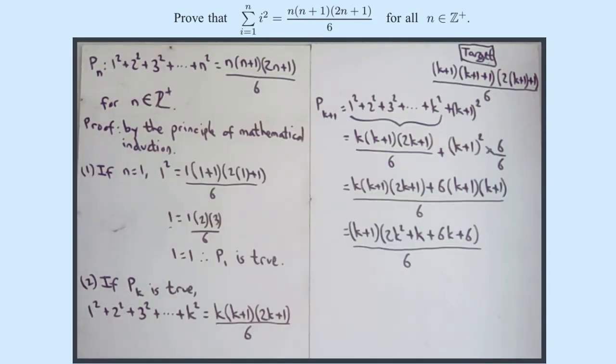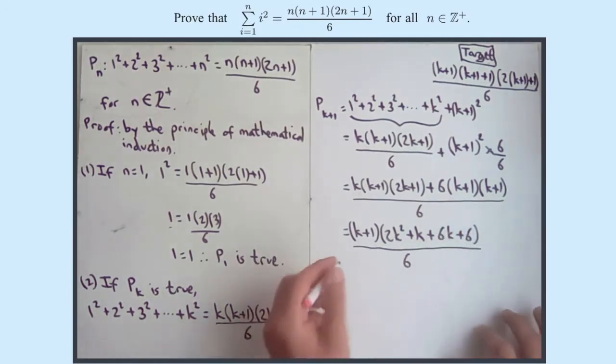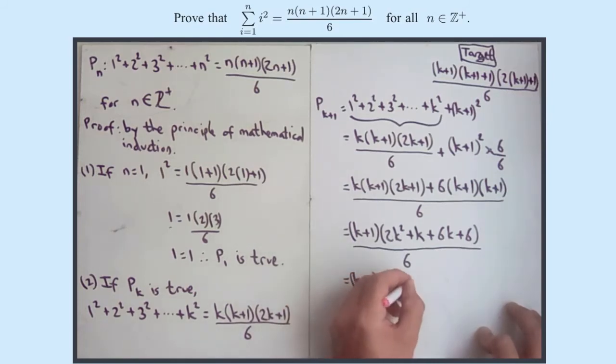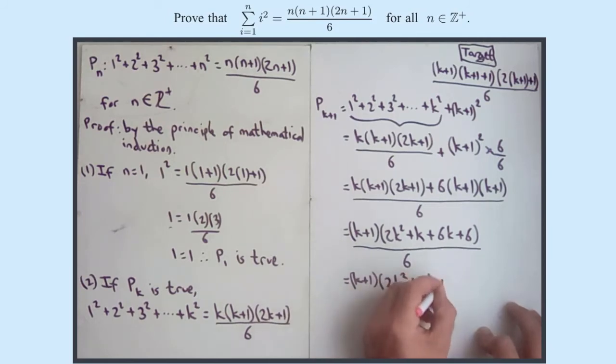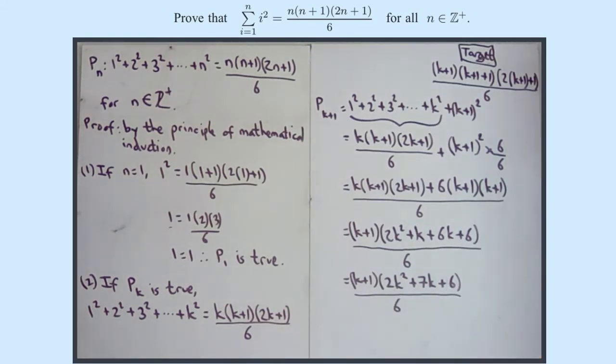Okay, so now just looking at this second bracket, we can call this 2k squared plus 7k plus 6, so it equals k plus 1 times 2k squared plus 7k plus 6 all over 6. So then we're looking to factorize this, and whatever your method of factorizing is, you should find that it factorizes to k plus 2, 2k plus 3.